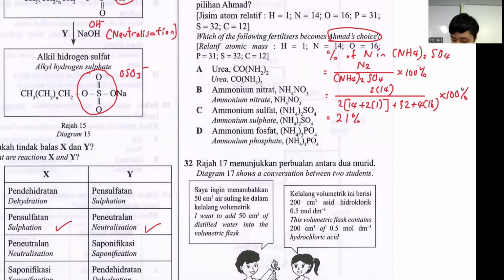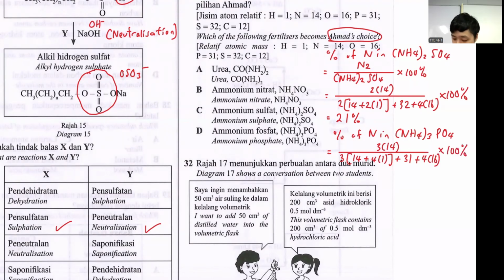And then do another one, ammonium phosphate. Ammonium phosphate has three N. So 3 times 14 over 3 bracket 14 plus 4 times 1 plus P is 31 plus 4 times 16, times 100%.